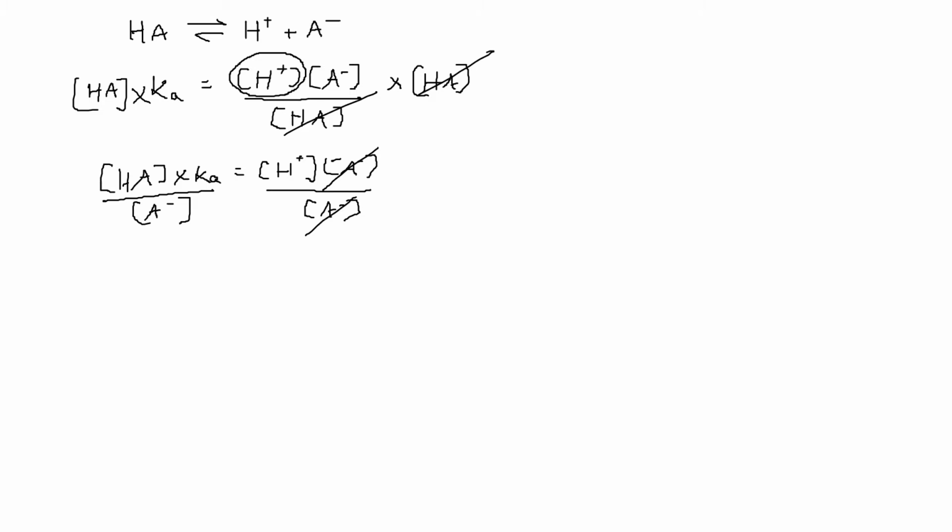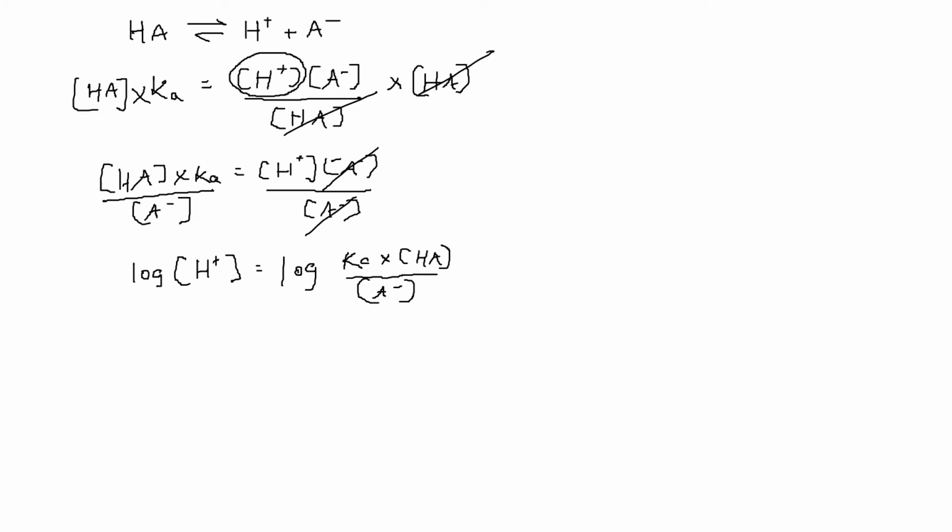And now we can take the logarithm of both sides, and we're just going to write this side first. So I'm going to say log of H plus equals the log of Ka times HA divided by A minus.